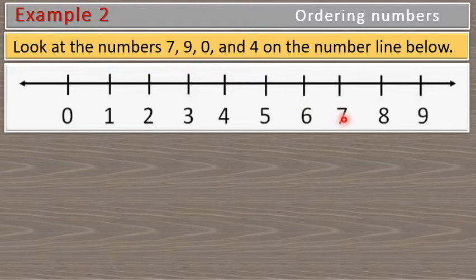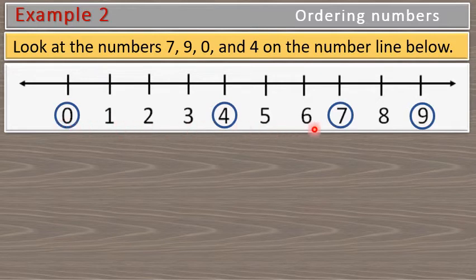The number 7 is here on the number line, and let us mark a circle around it. The number 9 is here, and let us draw a circle around it. The number 0 is here, and we have marked it. And the number 4 is here on the number line. So we have found and marked all the 4 numbers given.